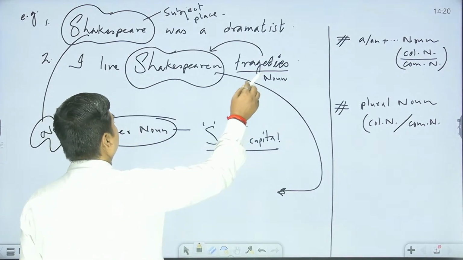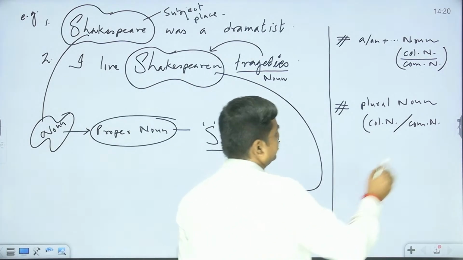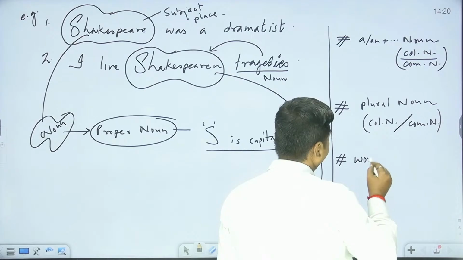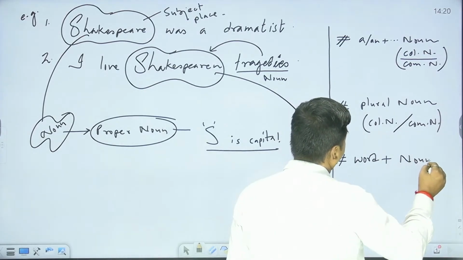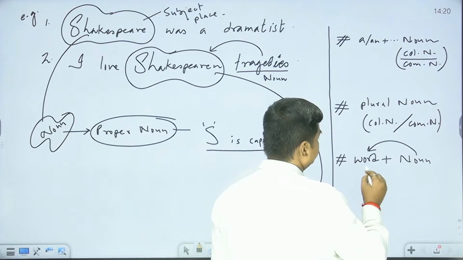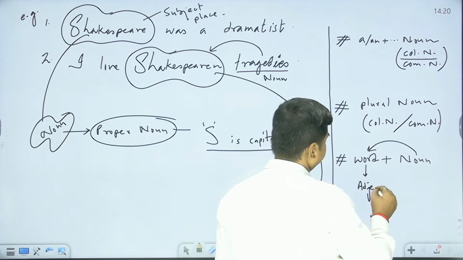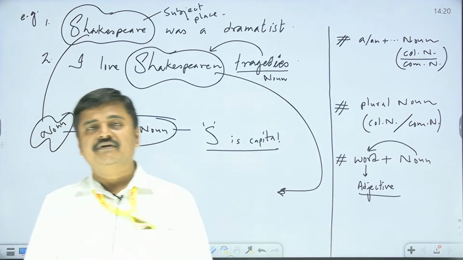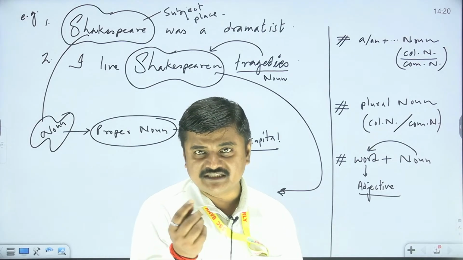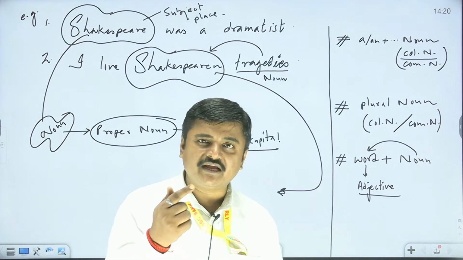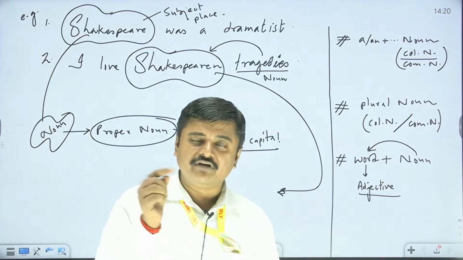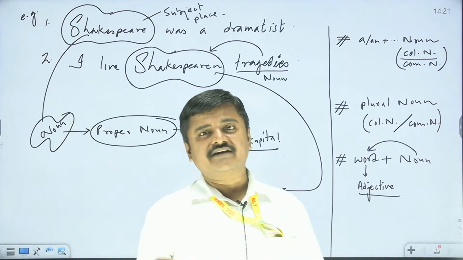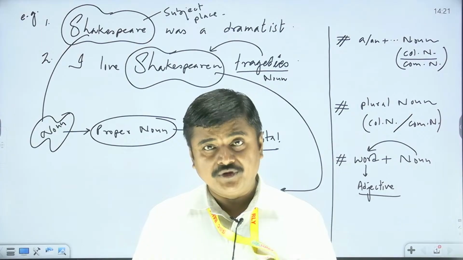Now the third point is, if any word comes before a noun and it tells something about the noun, this word will be an adjective. The simple perception is that if you have a word just before a noun and the word is telling something about the noun, the word will be an adjective. That's for sure. So these are the things that we discussed and we know now.